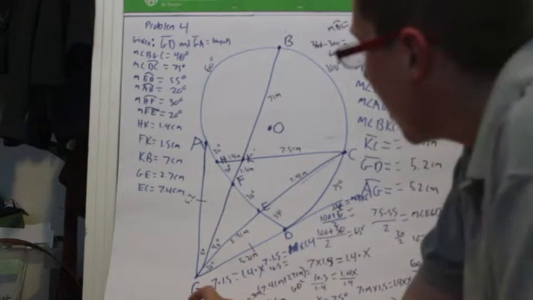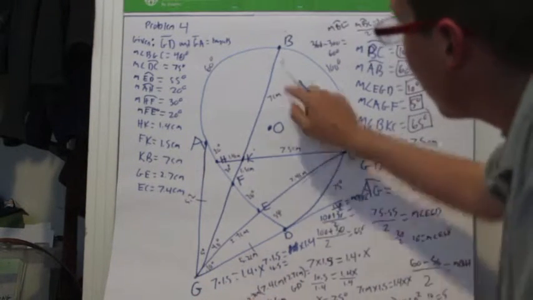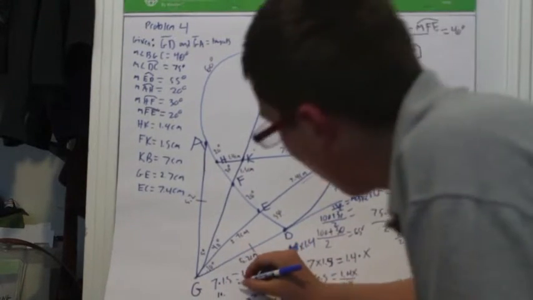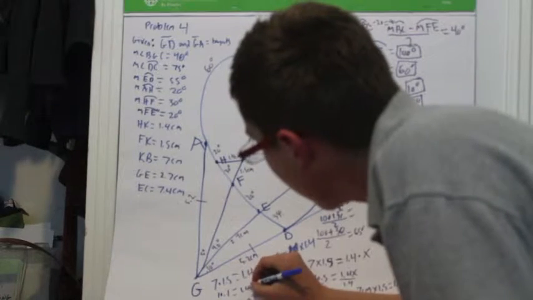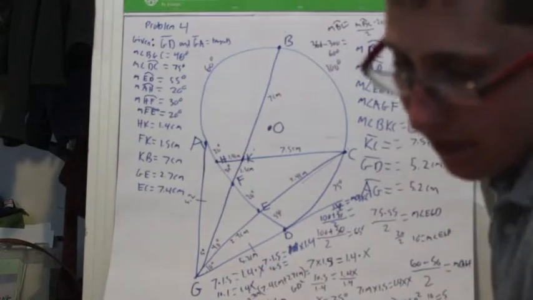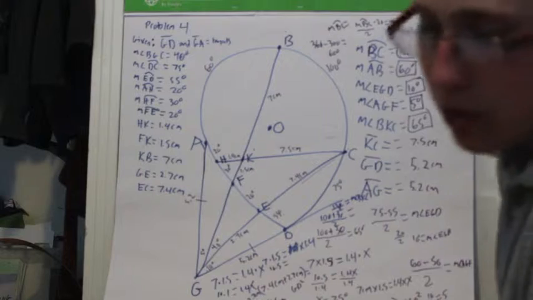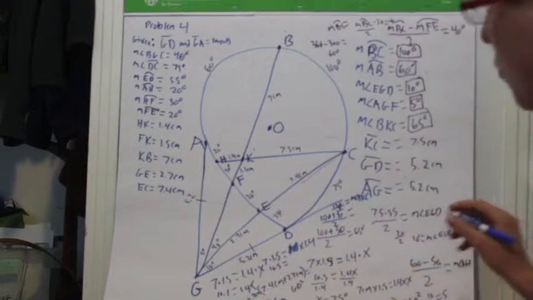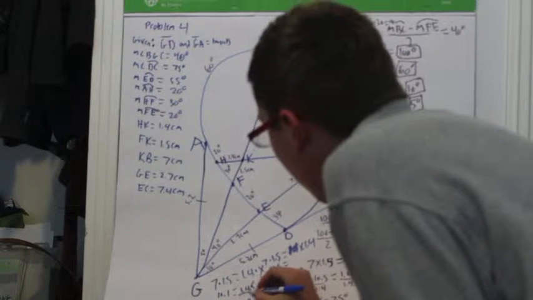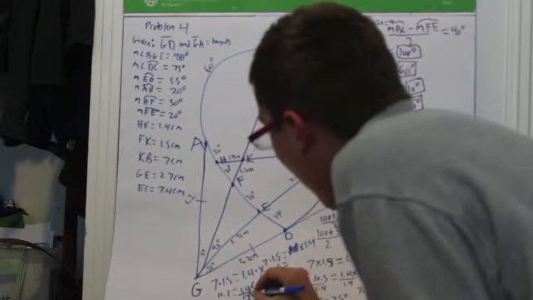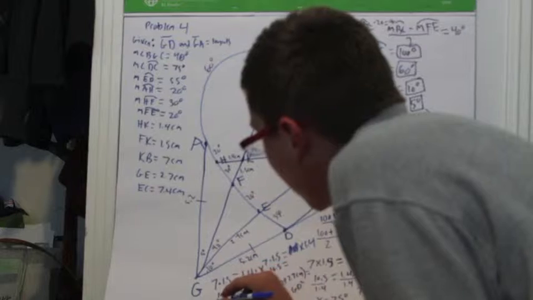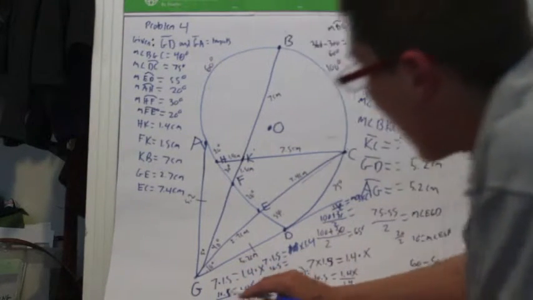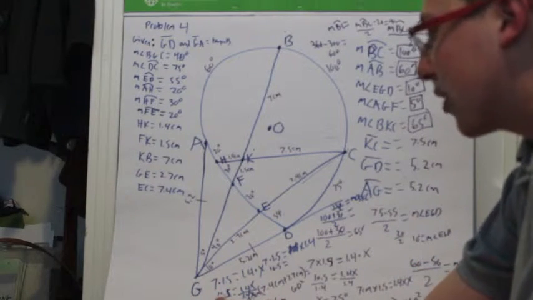So once we multiply 7 times 1.5 right here, we get 10.1 equals 1.4x. And actually this is a 10.5, not a 10.1.